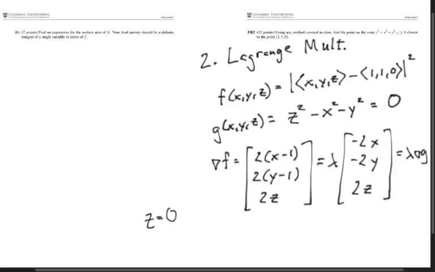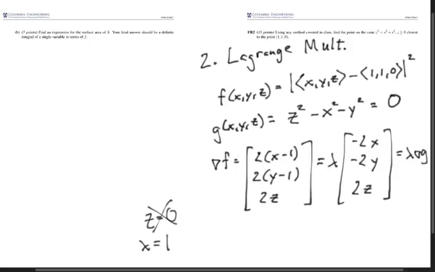It could happen, but if z were 0, on the cone, we'd be at the tip of the cone, and we've got a feeling that that's not the closest point here. So it's not going to be z equals 0. And if z is not 0, we can divide. We find out that lambda has to be 1. So that's our guy.